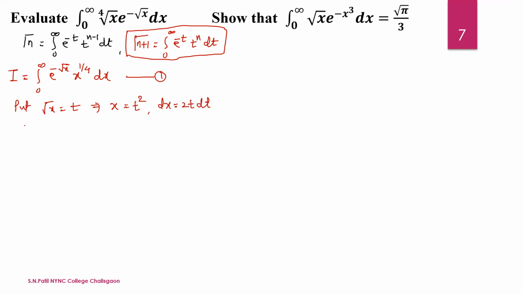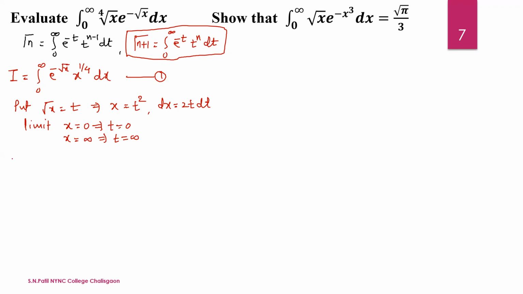Now the limits also change because we transfer x to t. When the lower limit x equals 0, then t is 0. For the upper limit, x equal to infinity, then t is infinity.